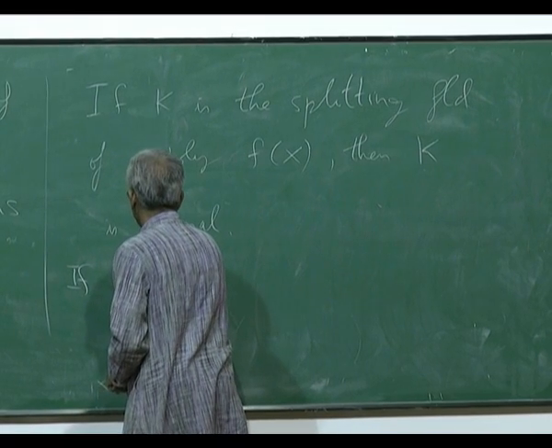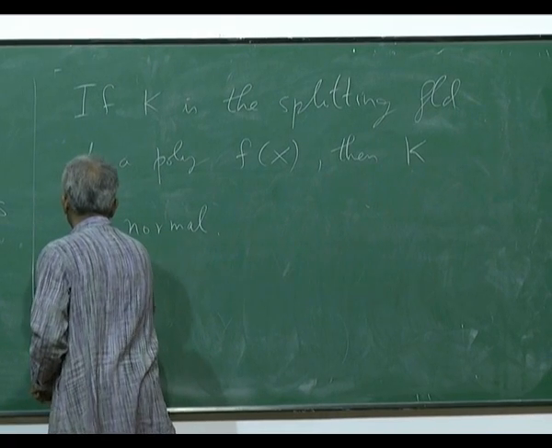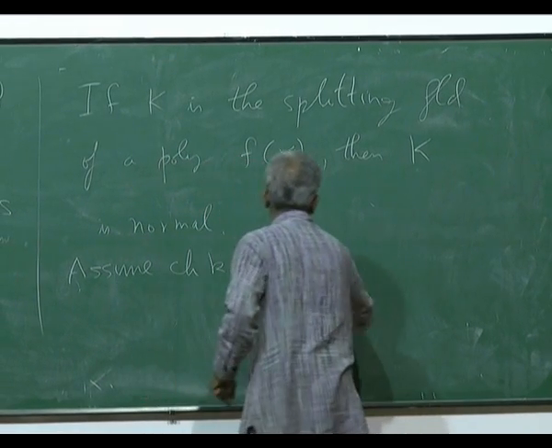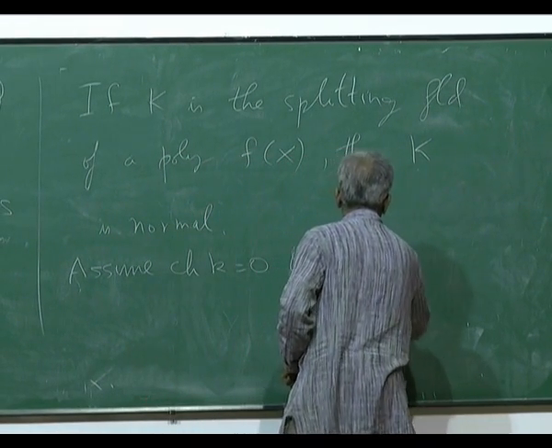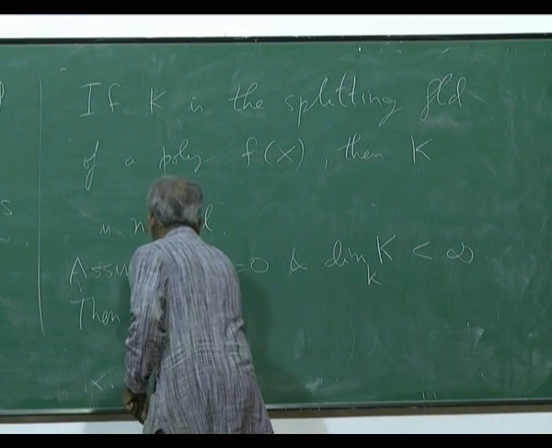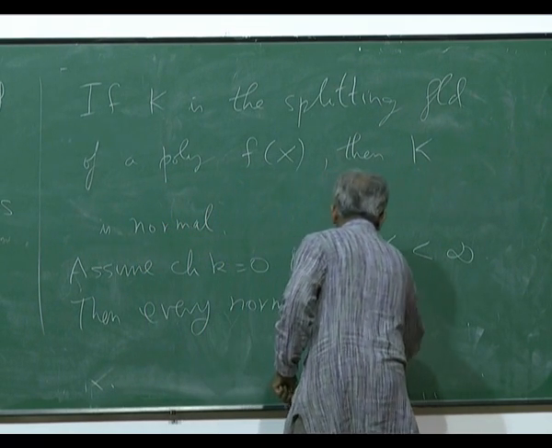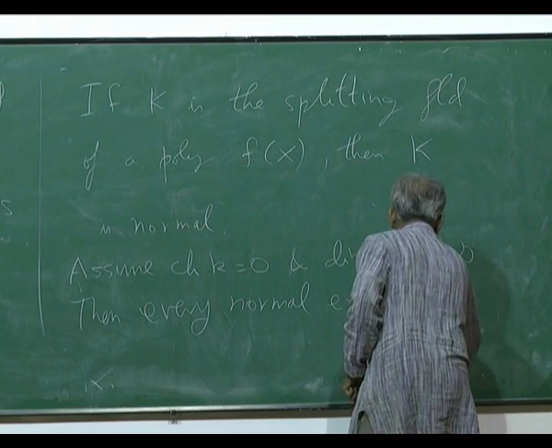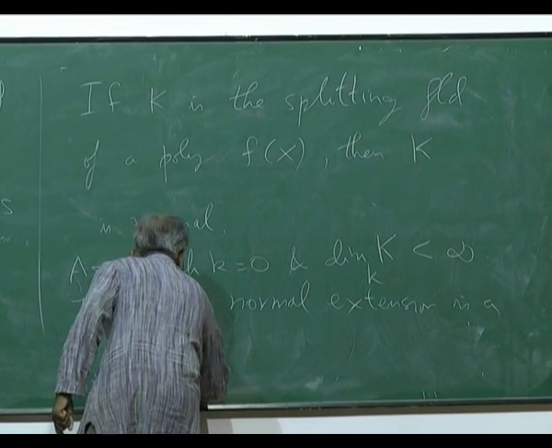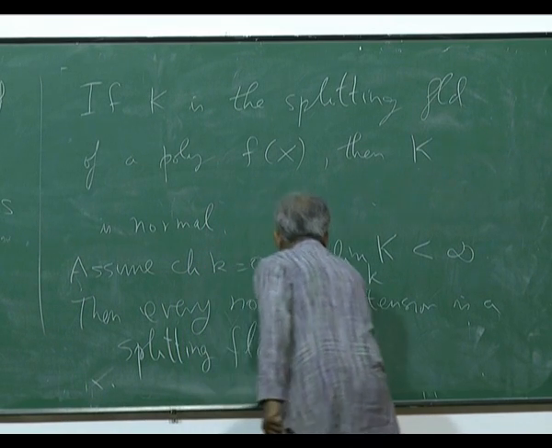Let us assume the characteristic of k equals 0 and the dimension of capital K over small k is finite, then every normal extension is in fact a splitting field of an irreducible polynomial.